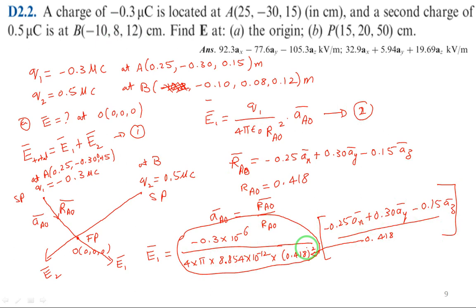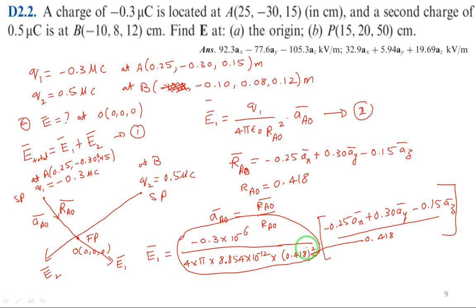The 10 power minus 6 we will see later. 0.3 divided by 10 power minus 6 I am leaving. Later on we will see. 4 into pi into 8.854 into 10 to the power minus 12 into 0.418 whole cube, 0.418 cube. Close this bracket.